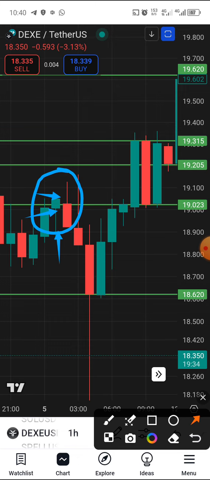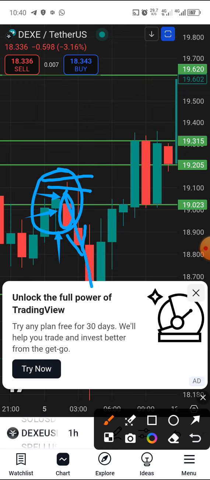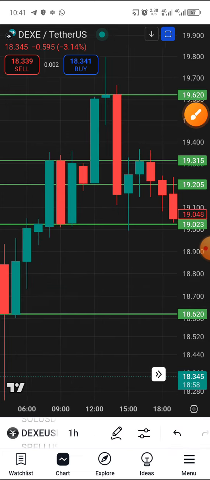Versus when that fails to happen, it means the market is going to go down, like you see. After this candle failed to make a confirmation by starting above the line and closing above the line, it did the opposite, then the market went the opposite direction. Is that clear? So let's look at another example.